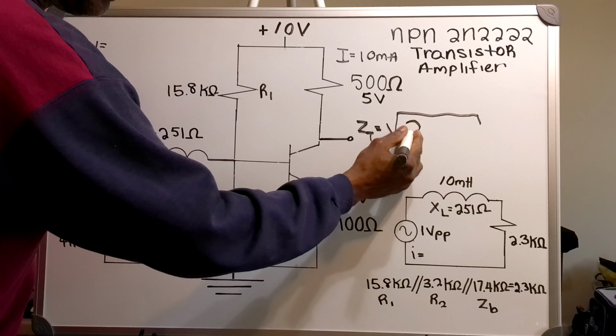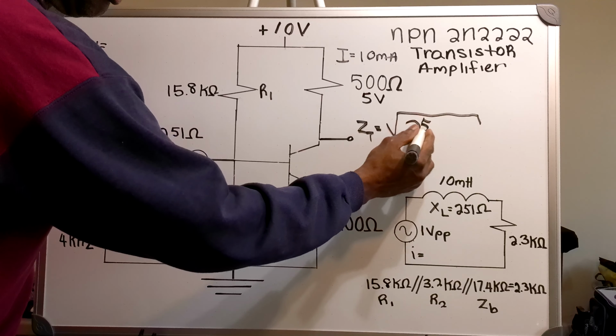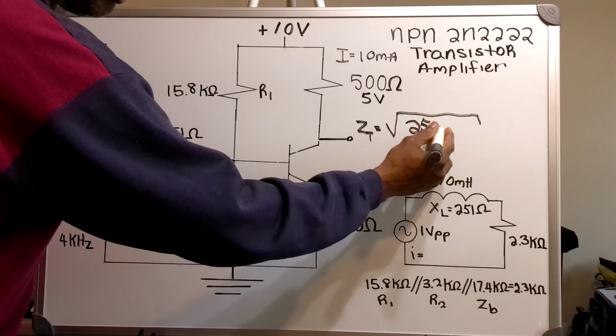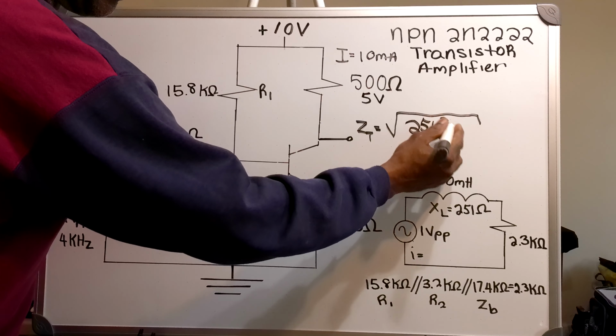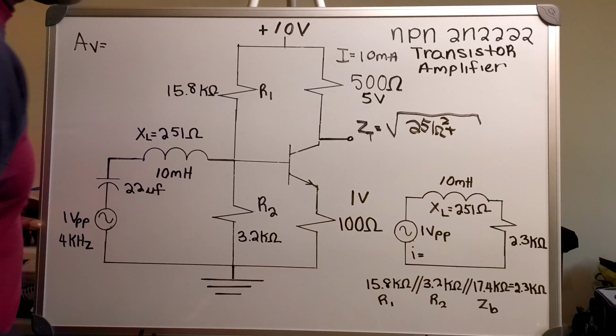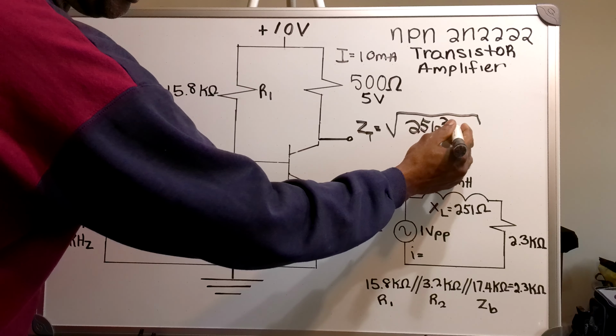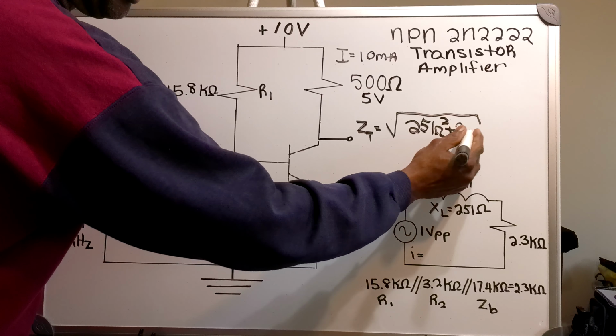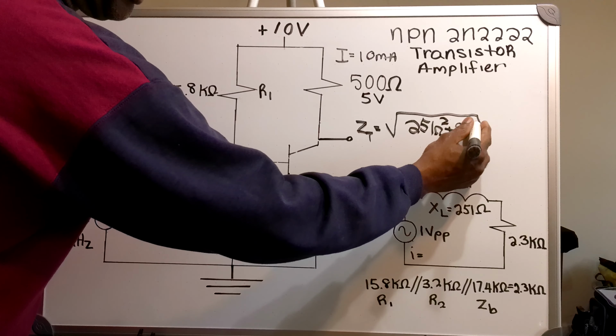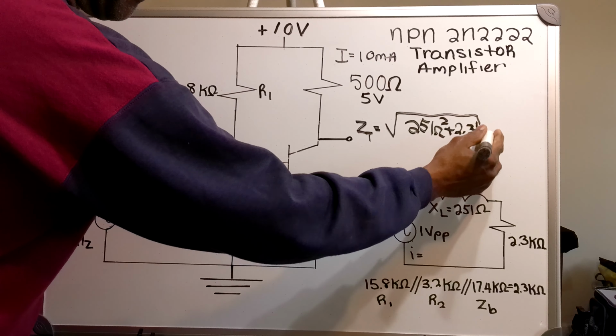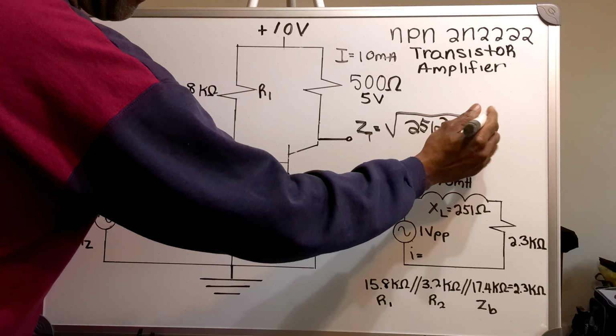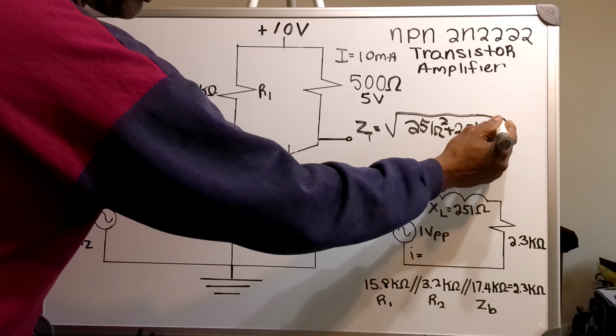That will be 251 ohms squared plus 2.3 k ohms squared.